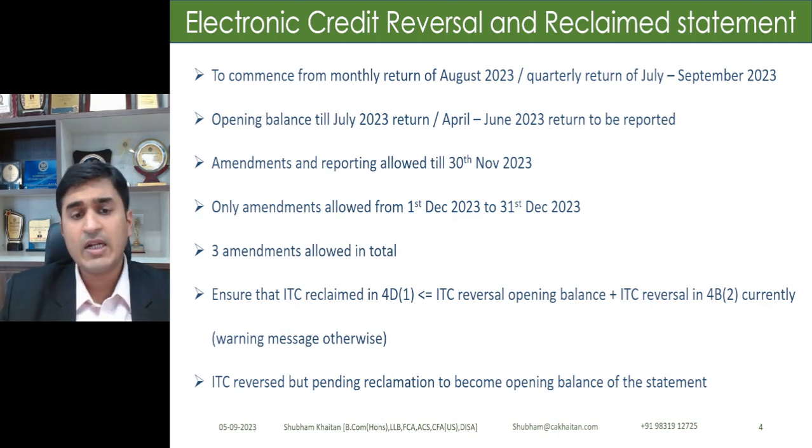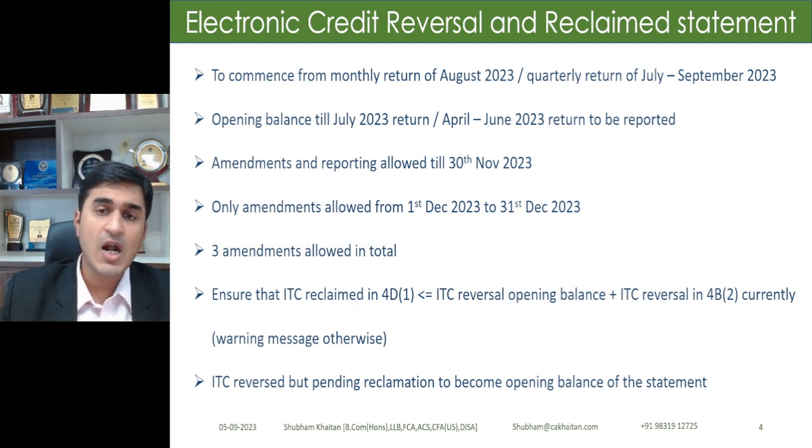If the reclamation is more than the reversal, that means I am claiming more ITC than what I have reversed in my temporary reversals. There might be a warning message which would come in, though they would allow us to file the return. So we need to be careful that we should not be reclaiming more ITC than the reversals.